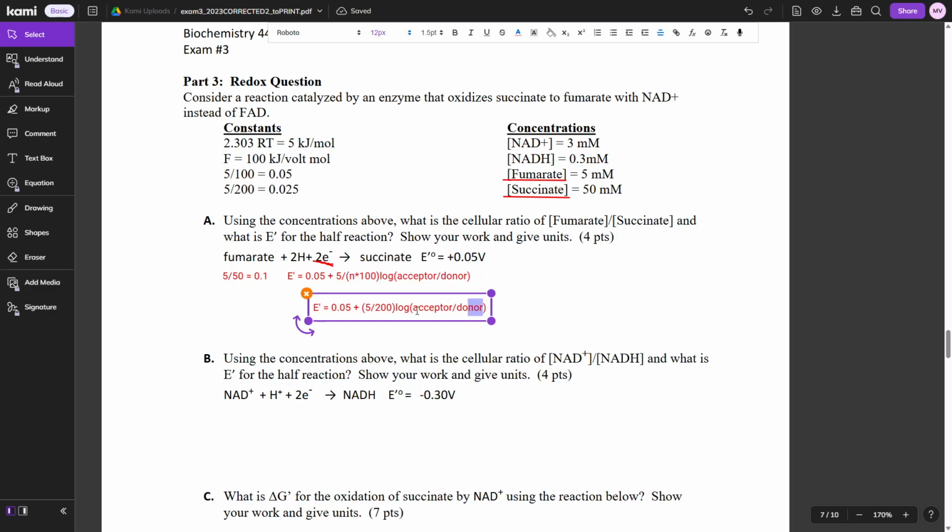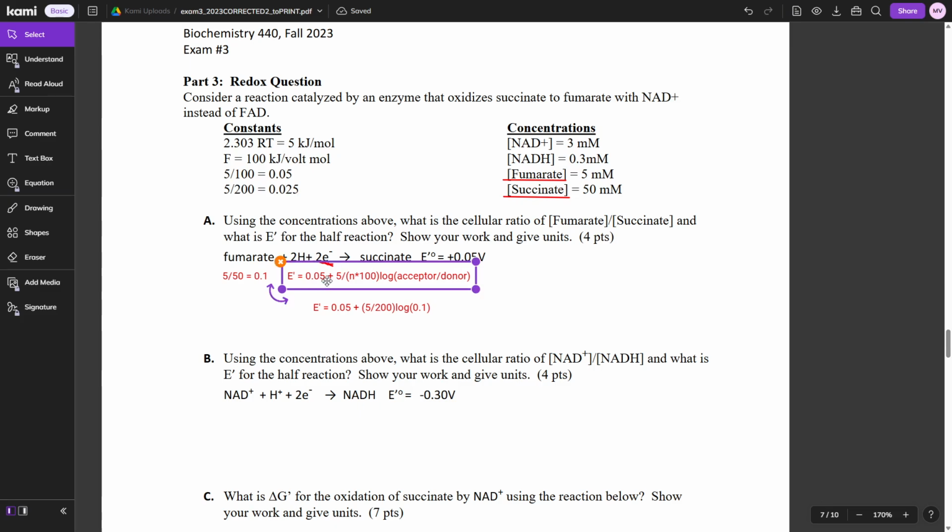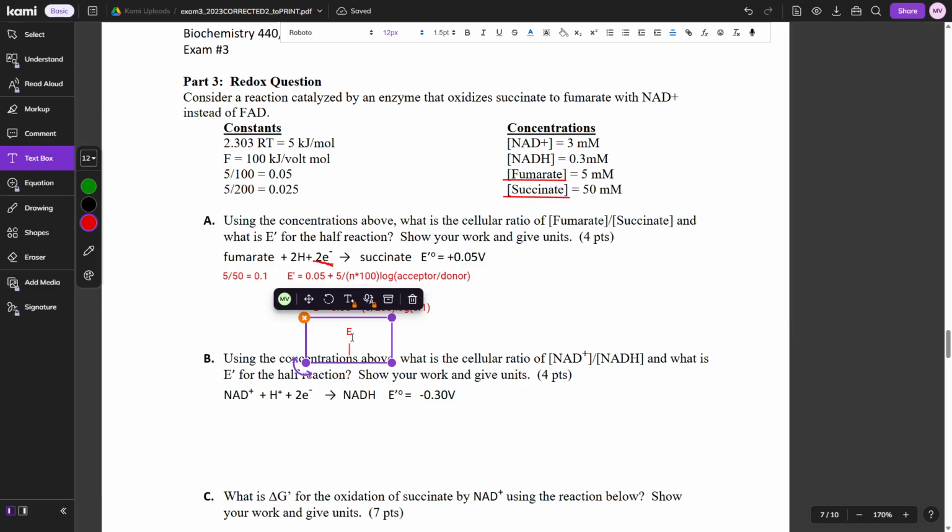So acceptor divided by donor, we said this is 0.1. And then if we do the math, 5 divided by 200 is like 40. Oh yeah, they do. Very conveniently, they've given me the number up the top. This is why you read, guys. So E prime is equal to 0.05 plus 0.025 log of 0.1.